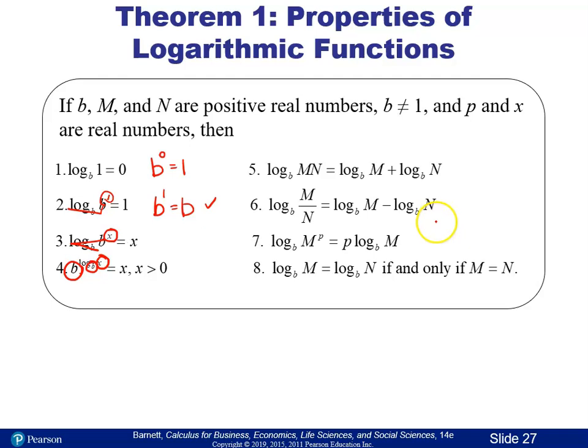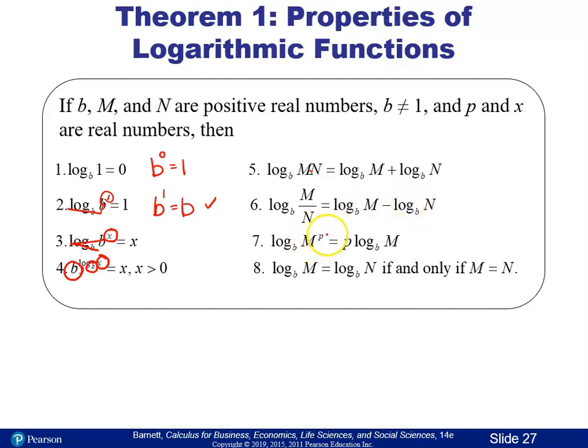And we have these properties where we can break apart logarithms. If I'm taking the log of two things that are multiplied together, I can split this product up into two separate logarithms that are added together. Same thing with division. I can break that up so that it is subtraction of two logarithms.